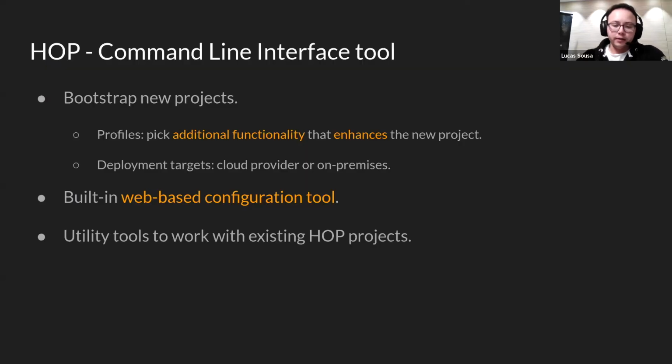And apart from that, the CLI is not only useful while you are setting up the project. It is also usable afterwards, because we provide at the moment some utility tools that you can use to do daily work. These utility tools are based on AWS and Keycloak. For example, you might want to download the environment variables from the production system in AWS, or you might want to connect to the production database, or even get details about a user that is in Keycloak.